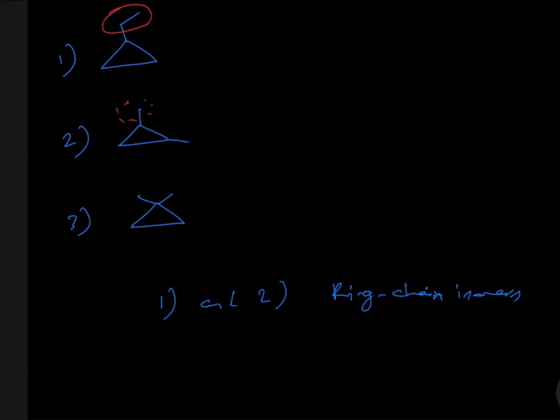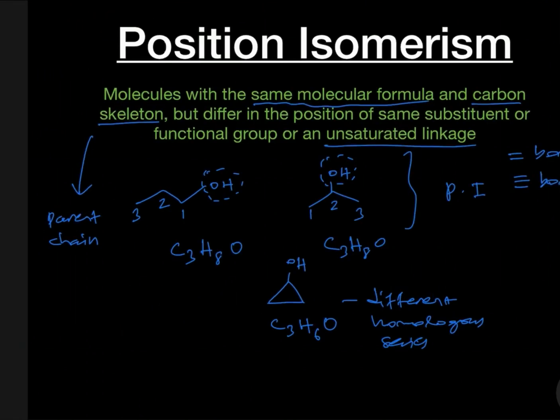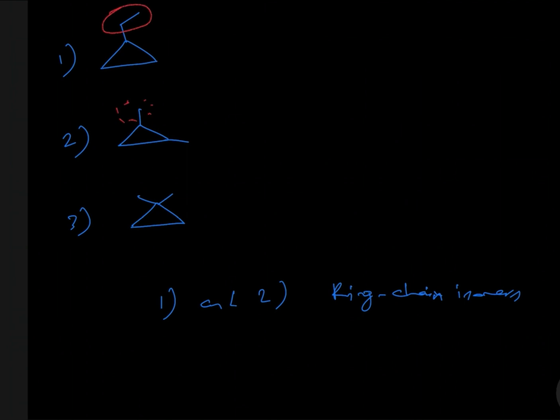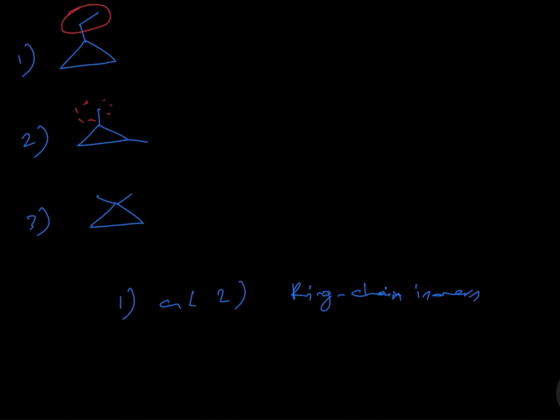Okay. Remember the condition once again, same molecular formula, same carbon skeleton, parent chain has to be the same, and the same substituent or functional group, not a different substituent and functional group. But here if we are comparing 1 and 2, we have 2 different substituents, even though the molecular formula is the same and the carbon skeleton parent chain is the same, but the substituents are different, and therefore 1 and 2 are not position isomers, 1 and 2 are ring chain isomers.